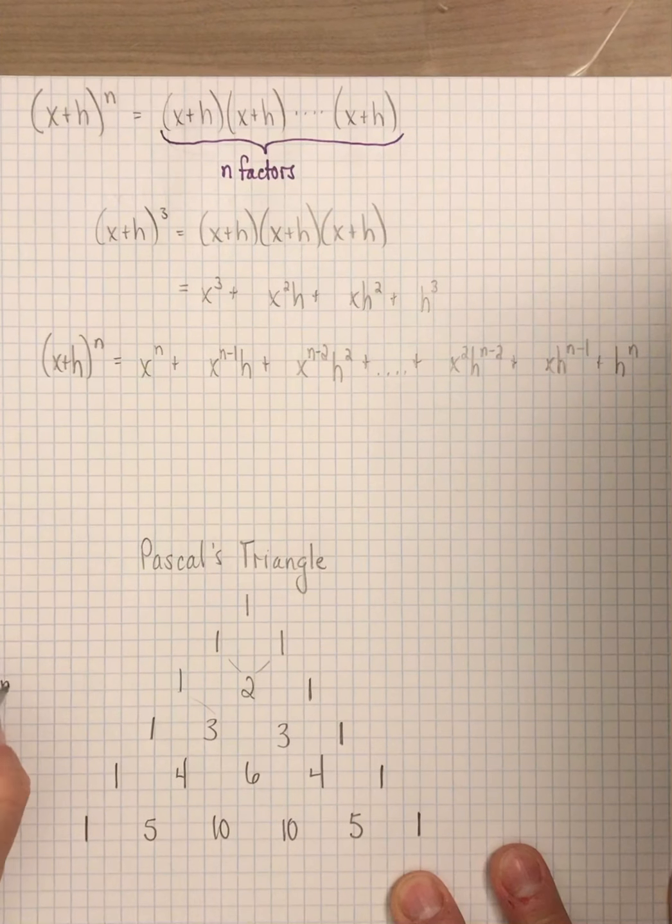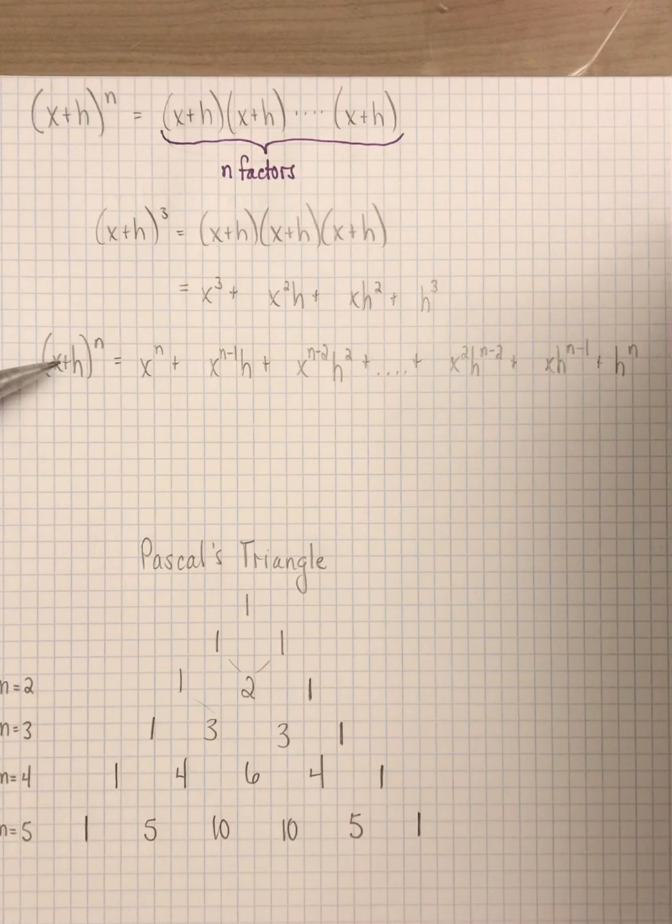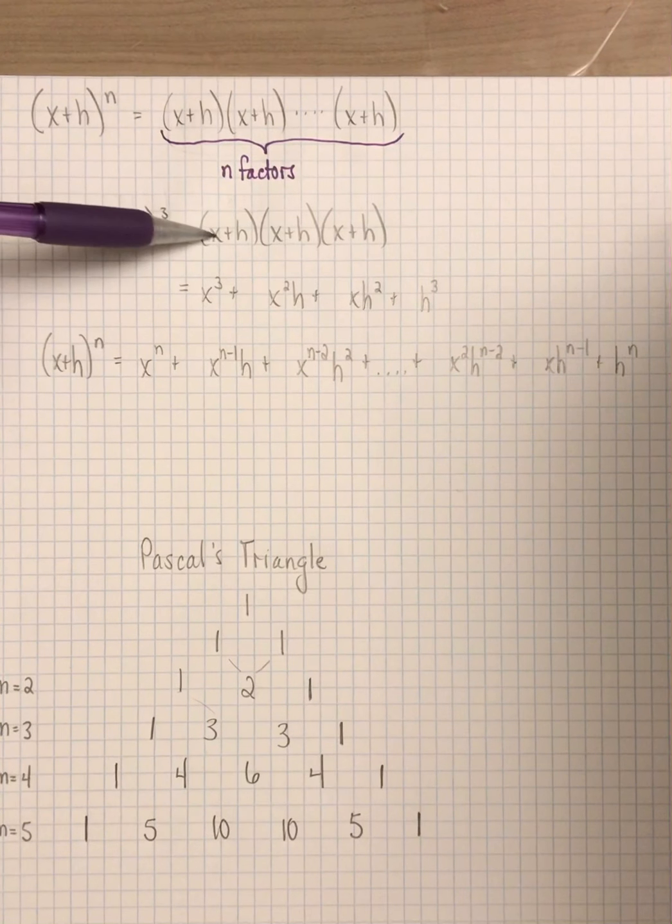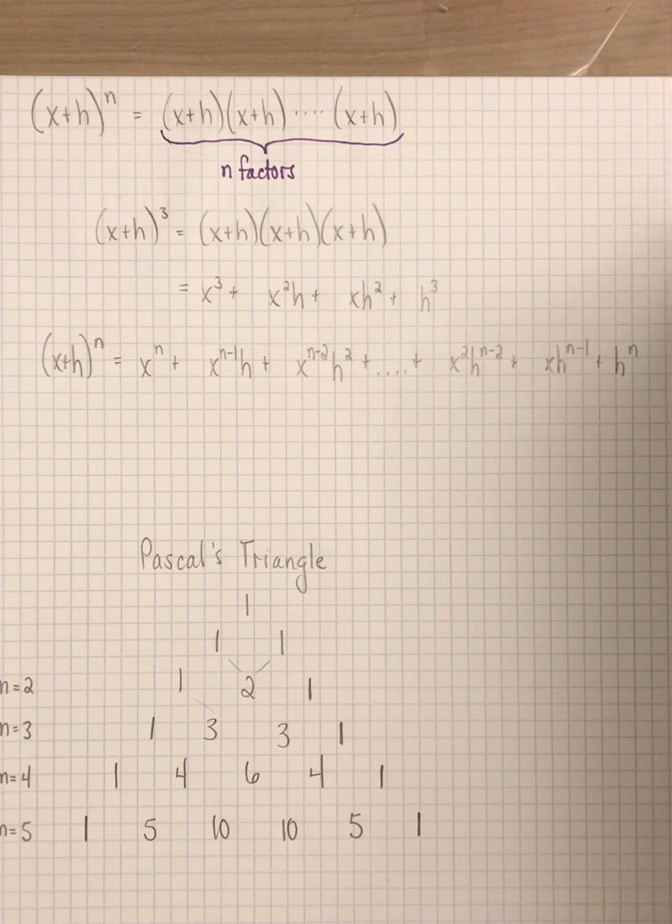Actually, the values in the nth row of Pascal's triangle are the coefficients of the expansion. So depending on what the power of n is, we go to that row, and those are the coefficients. Note that the first term always has a coefficient of 1 because there is only one way to choose all three factors to be x.